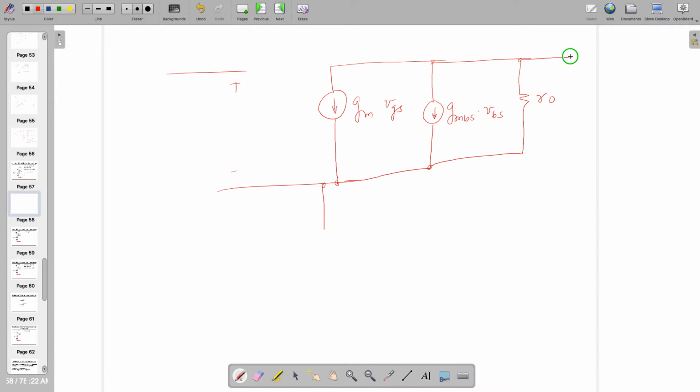So the model looks like this one, right? Where this one is again source, this is gate, and this is drain. So looking from the source side, what is the impedance you are going to see? 1 by GM in shunt with 1 by GMBS, because both are in parallel.